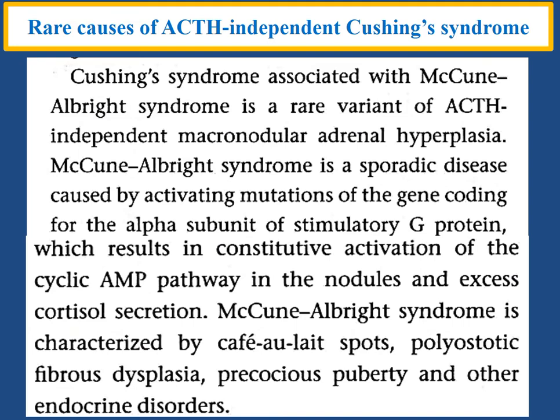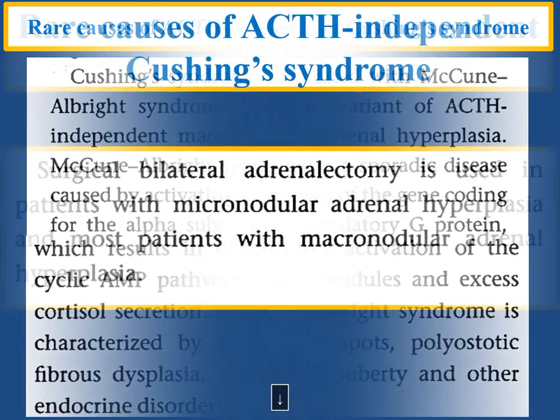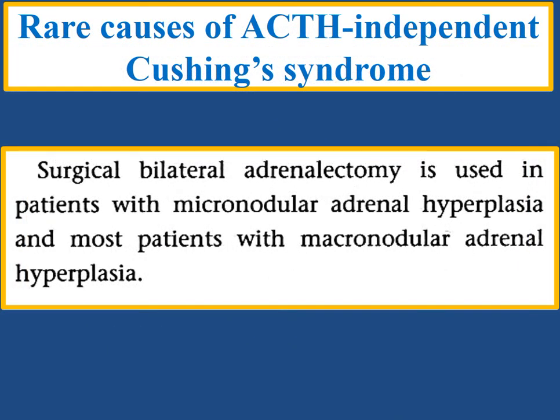McCune-Albright syndrome is characterized by café-au-lait spots, polyostotic fibrous dysplasia, precocious puberty, and other endocrine disorders. Surgical bilateral adrenalectomy is used in patients with micronodular adrenal hyperplasia and most patients with macronodular adrenal hyperplasia.